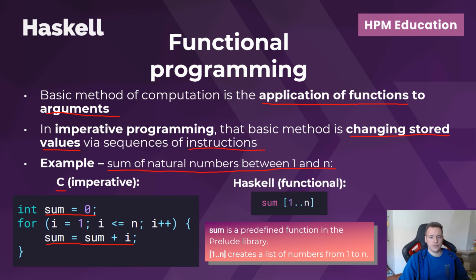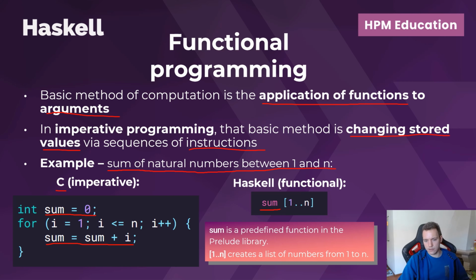On the other hand, in Haskell, a functional way of writing this program would be just the function sum, which is a predefined function in the prelude library, and the prelude is a standard library for Haskell that contains all the basic functions.